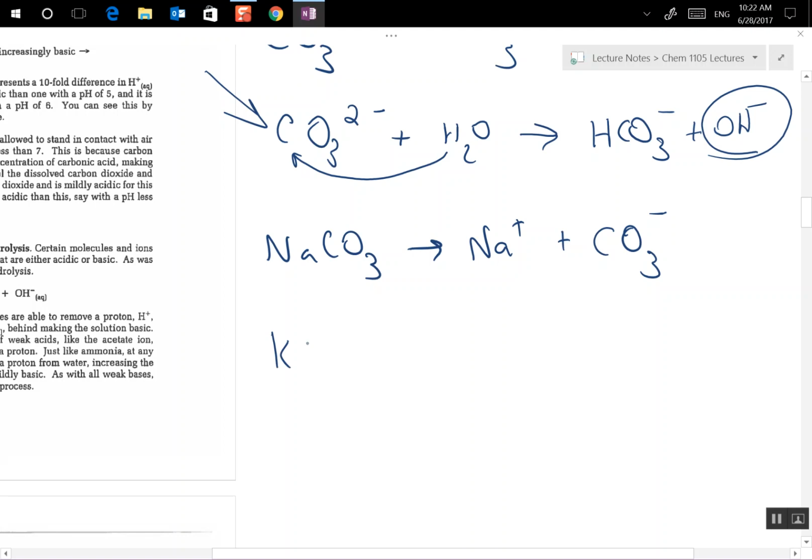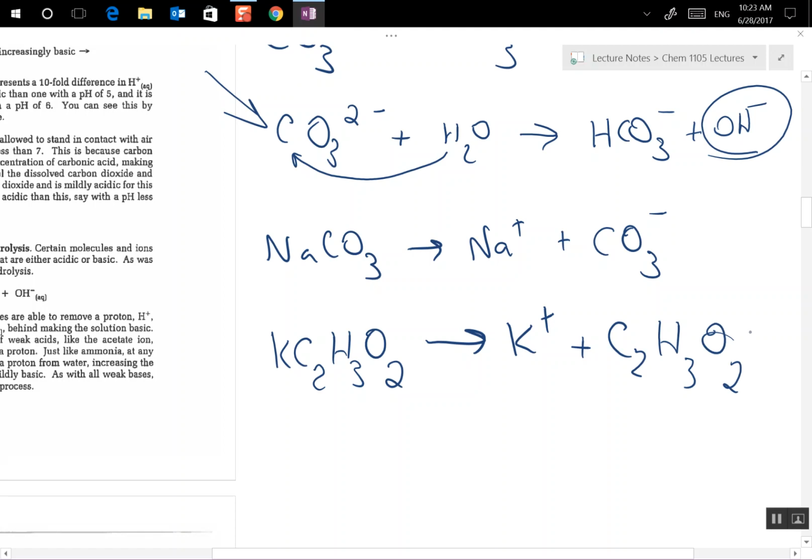So we have KC2H3O2 dissociates into K plus and C2H3O2 minus. The K plus doesn't do anything.